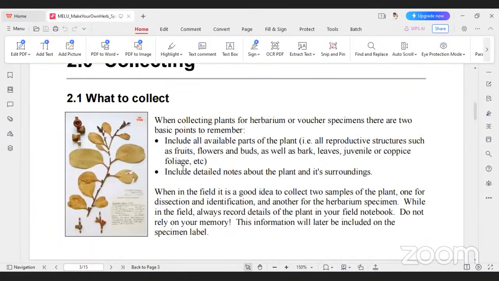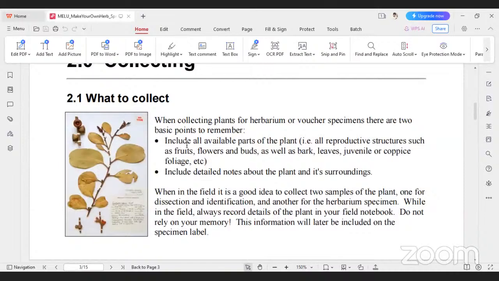What to collect? When collecting plants for a herbarium or wet specimen, there are two basic points to remember. First of all, whether the plant is in the vegetative stage or the reproductive stage.